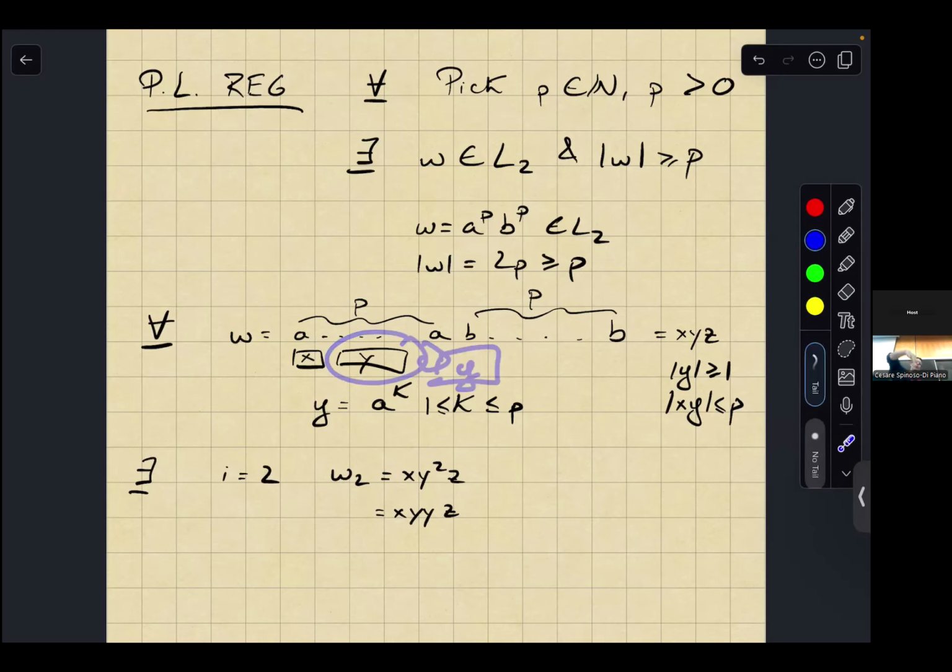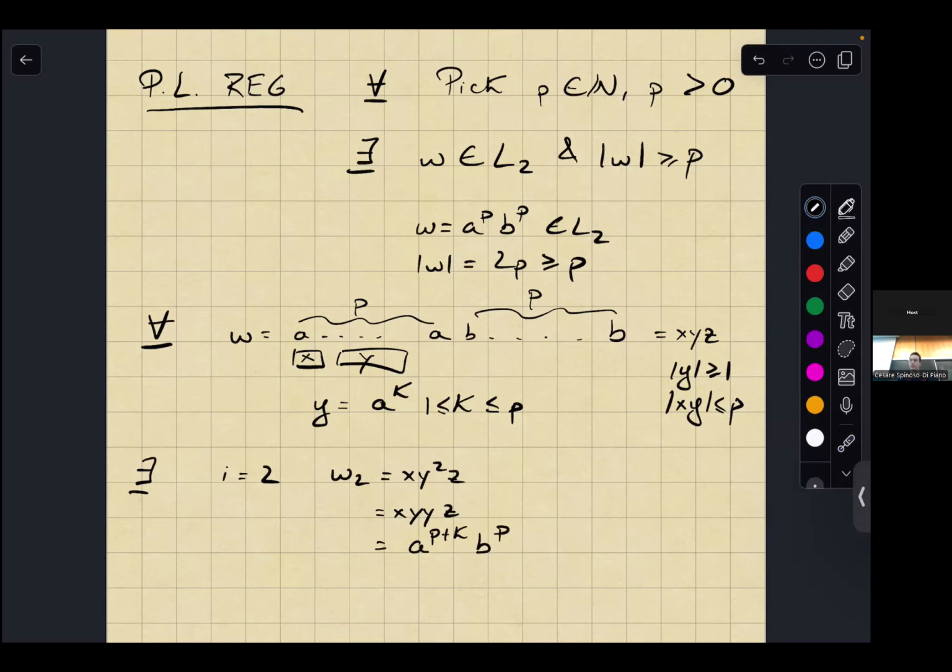There's now an extra y in my string w2. So now what does that mean? That means that I started with k A's from the y, and now I add an extra k A's, right? So now I have a^(p+k) b^p.